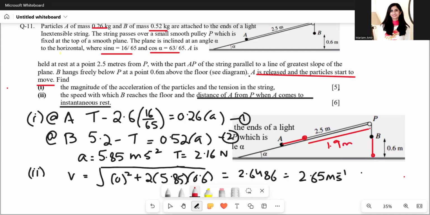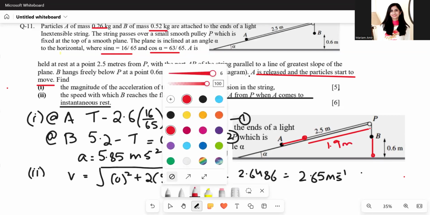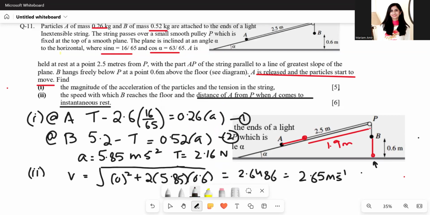Now what happens is that since B hits the ground, right after that the string goes slack. A will continue moving upwards until a certain point where its final speed becomes zero.